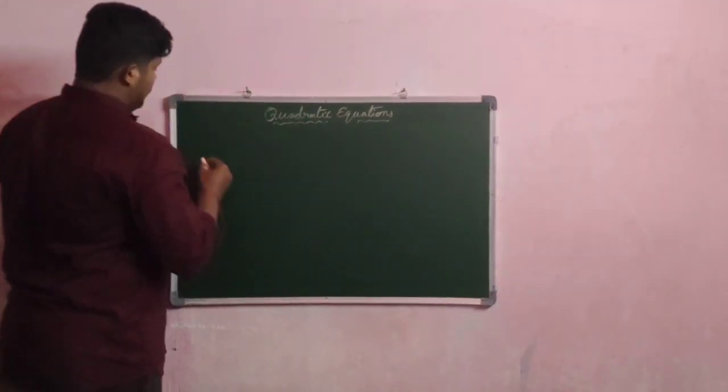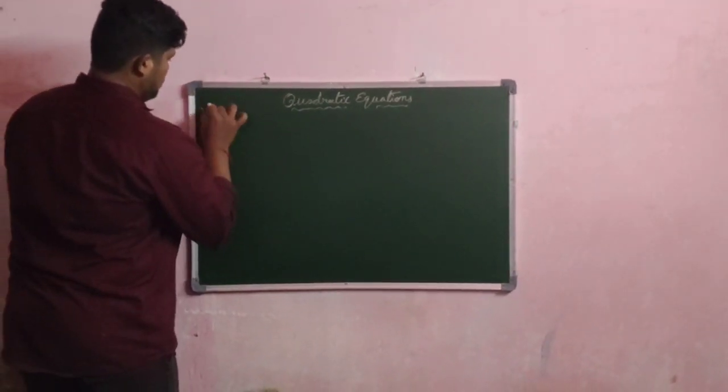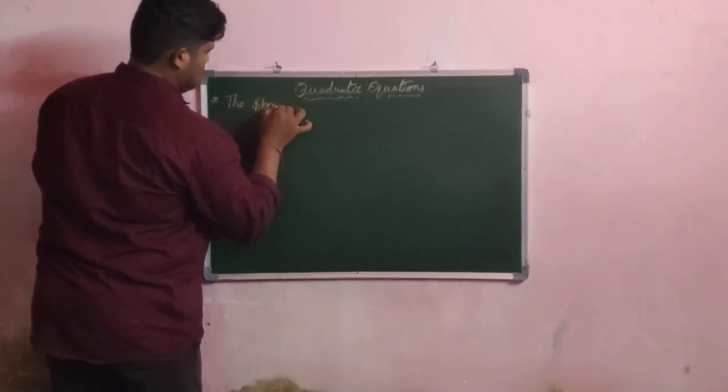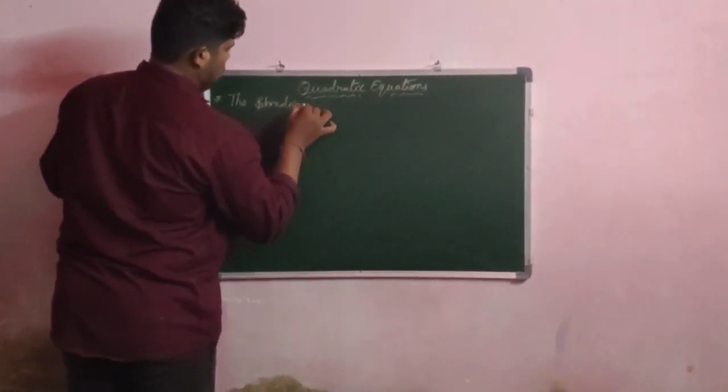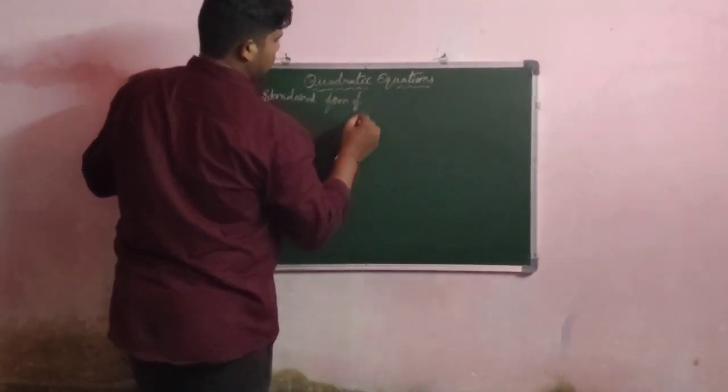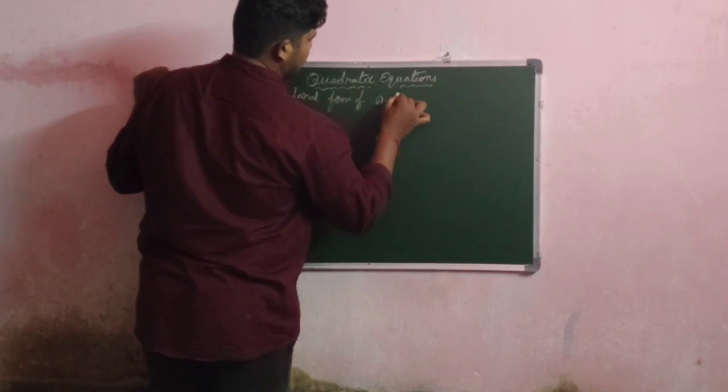One variable. The standard form of quadratic equations.